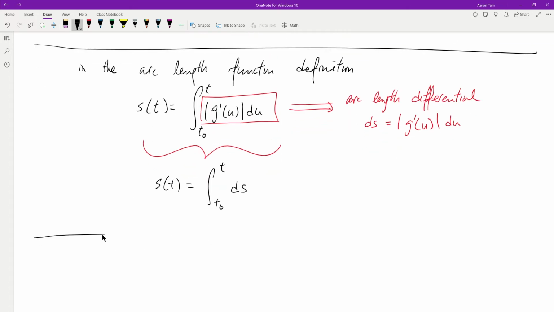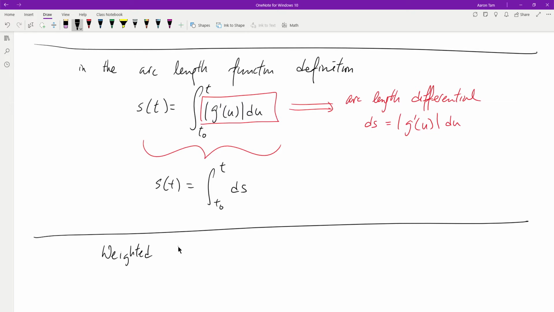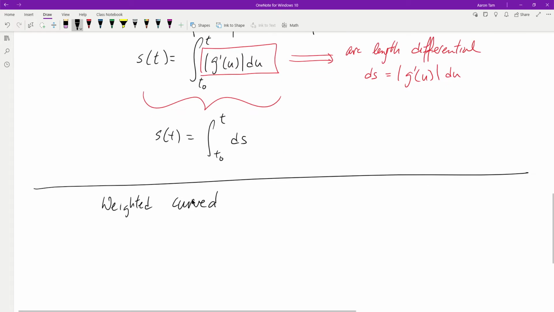Now, one application of this concept is to use it to deal with something called a weighted curve. Or more accurately, imagine that the curve represents some kind of cable or wire. And we can now actually try to calculate the mass of this thing if we know some kind of density based on length.